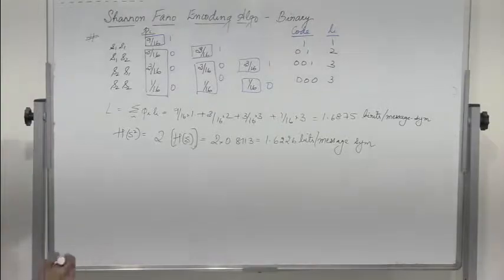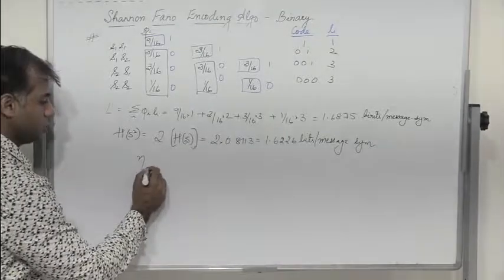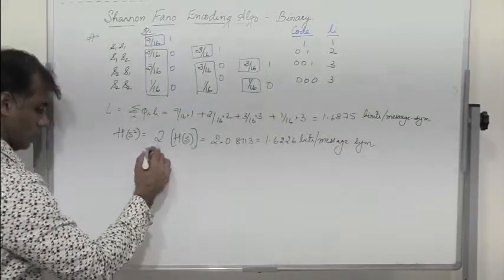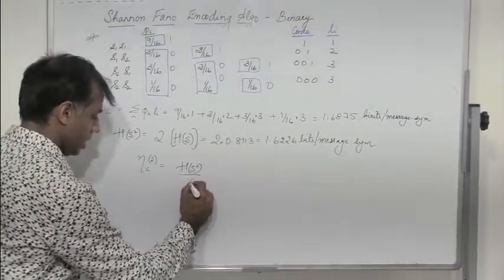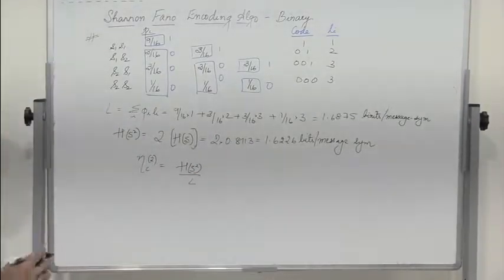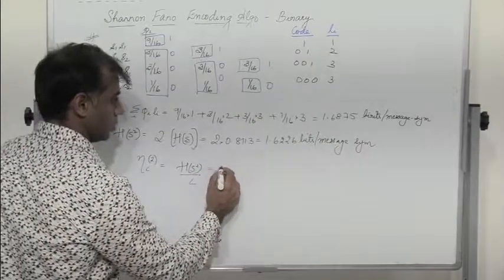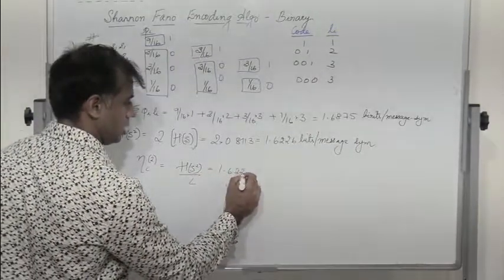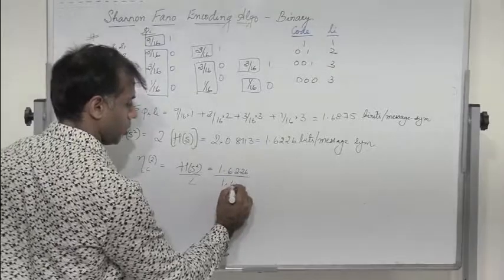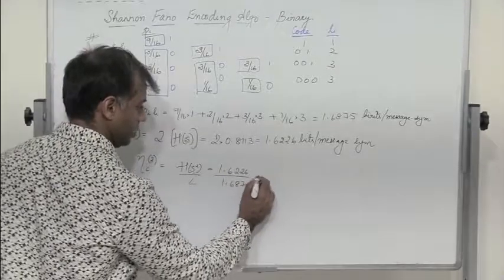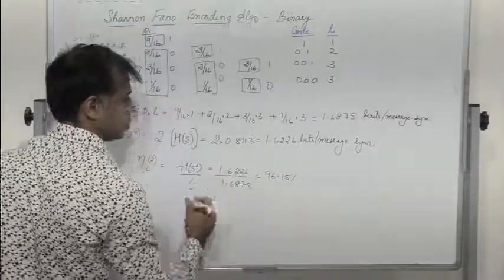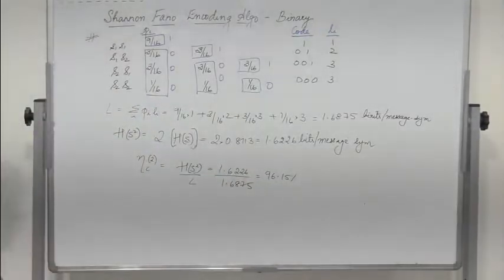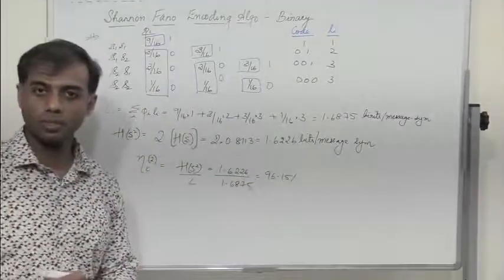Now how do we find the efficiency? The efficiency of the code for the second extension is the entropy of the second extension divided by the length L. So it is 1.6226 divided by 1.6875. We approximately get 0.9615 or 96.15%.